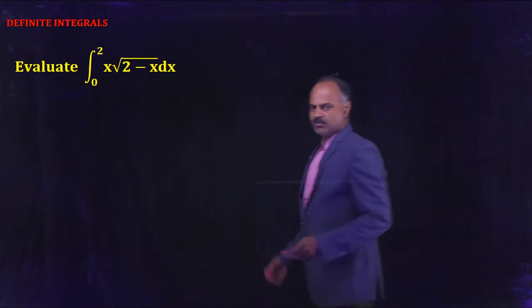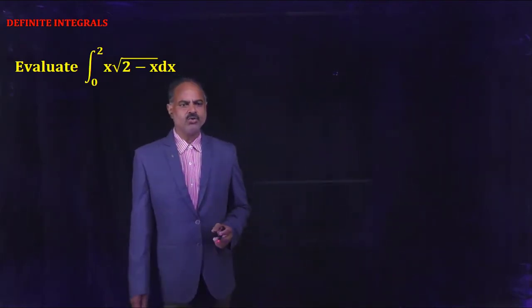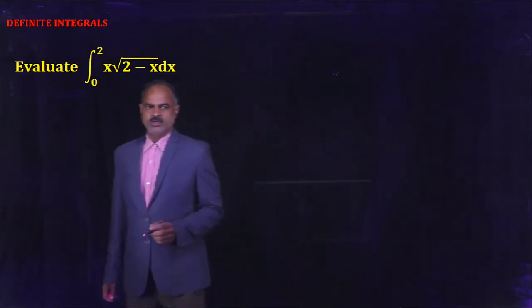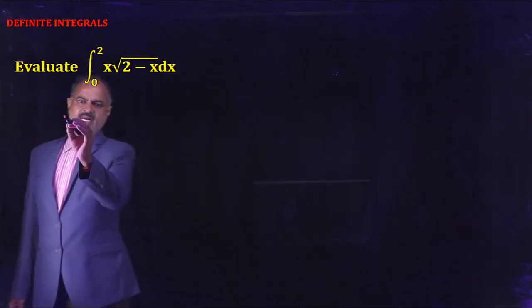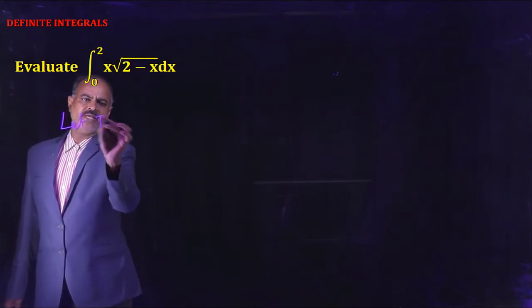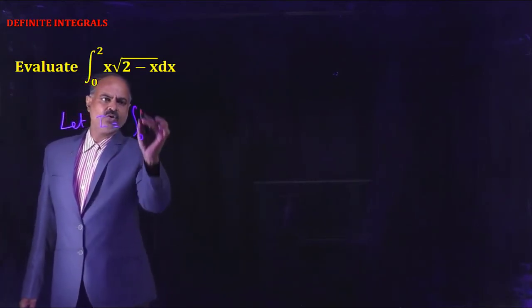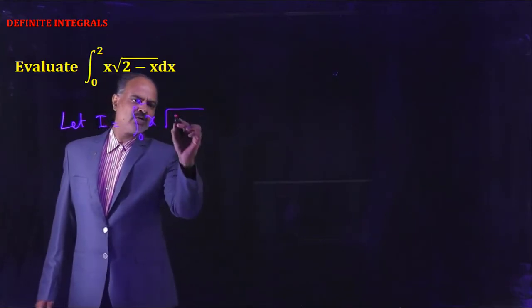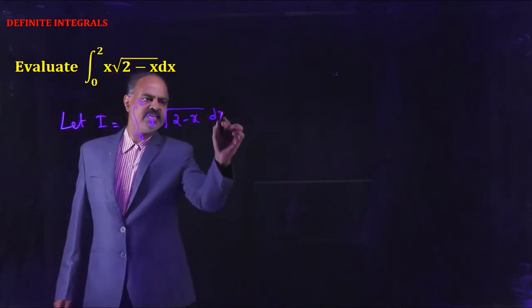Next problem, evaluate integral 0 to 2 of x into root over (2 minus x) dx. Let I be equal to integral 0 to 2 of x into root over (2 minus x) dx.